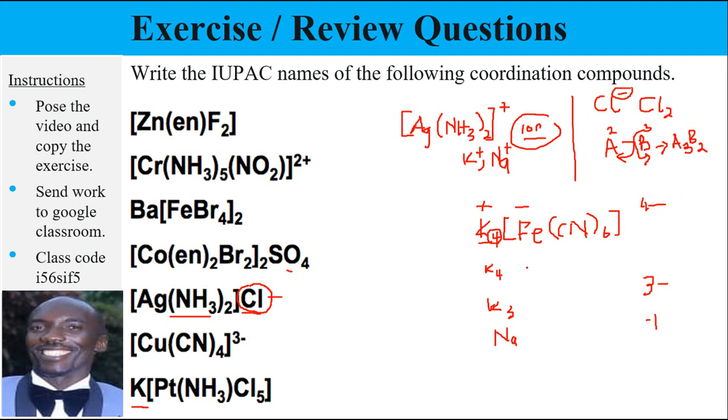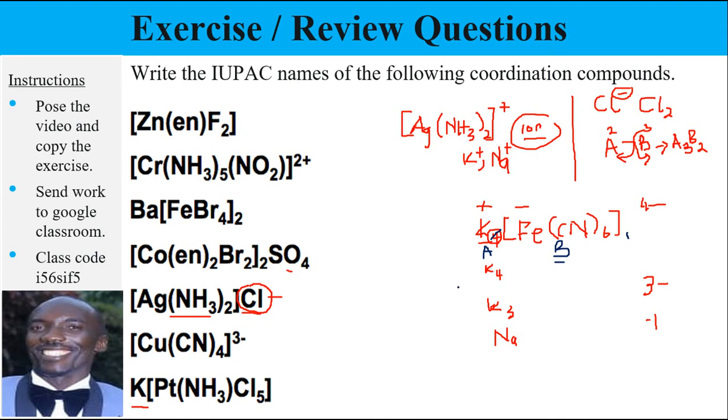We can apply the same knowledge here. Let me change the color. We can call our cation A, then we can call our complex B. So this 4 came from B, and here we're supposed to be having 1, but remember, don't write 1. So the 1 came from the cation.